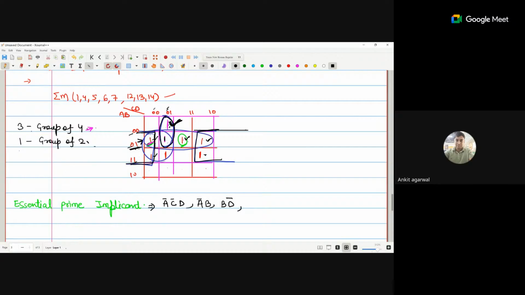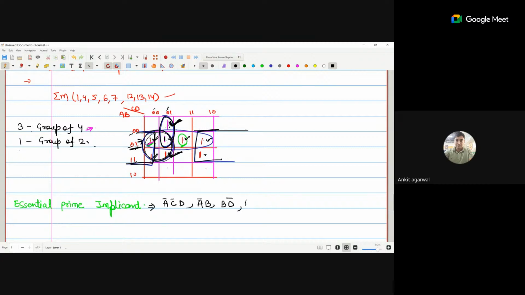The remaining term is this group. This one is considered, this one creates a different group, but this one is also in a single group of four. So this one is included in this group, and that is also an essential prime implicant.